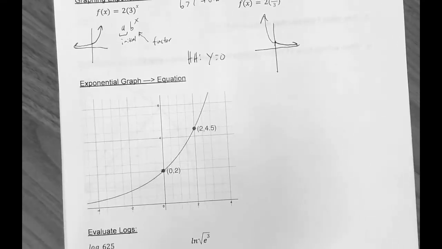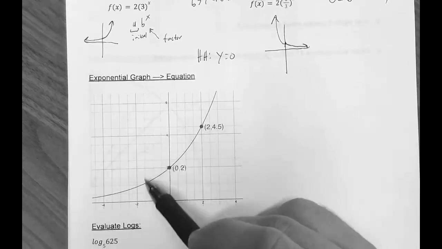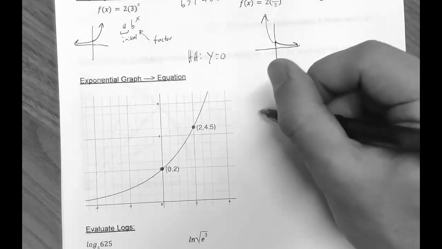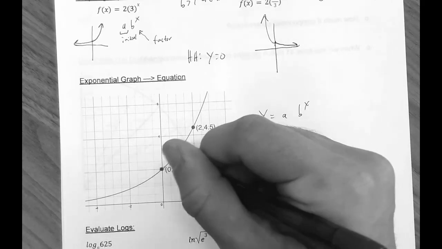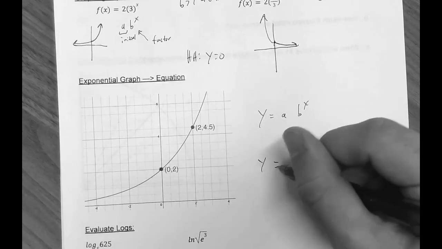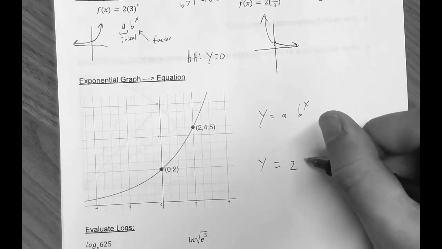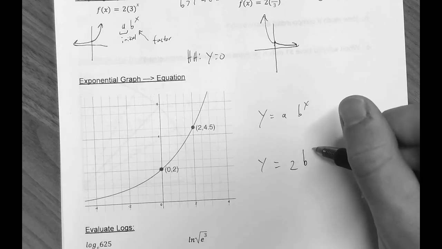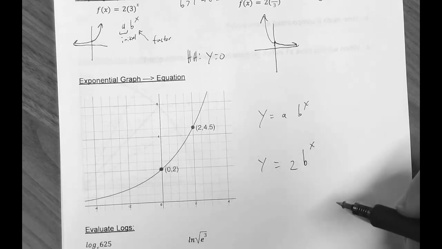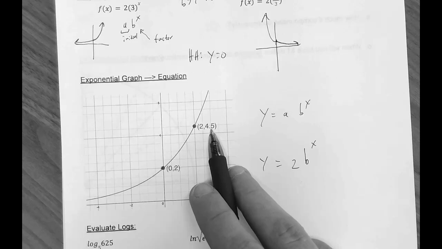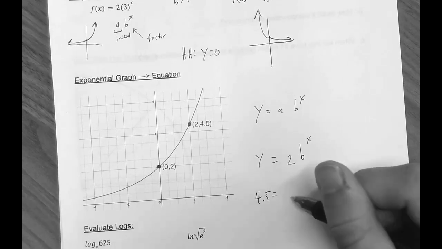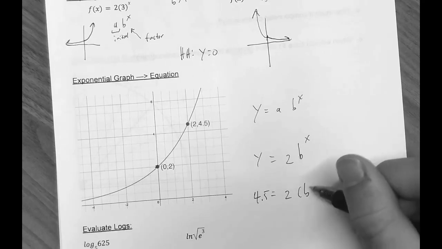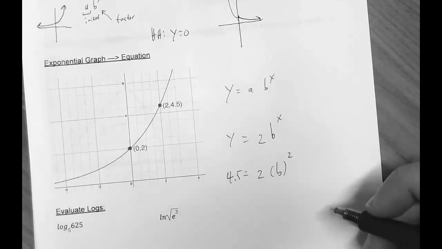Okay? Exponential graph to equation. So when you're given a graph and you want to write the equation, you can use that same form to help you. So remember, it's y equals a times b to the x, where a is the starting position. Well, my starting position here is just 2, so y equals 2, and then it's some b to the x. Well, what I can do is, I know that (2, 4.5) is a point, so I can just set y to 4.5 and 2 for x, and then I can solve this.